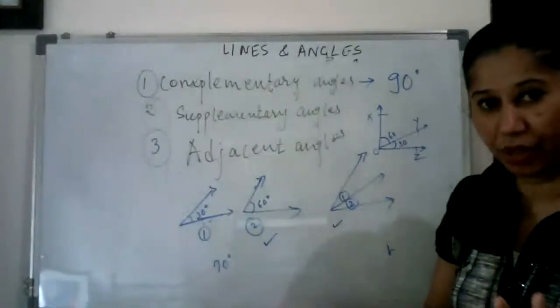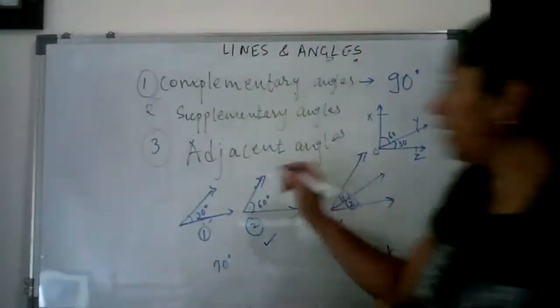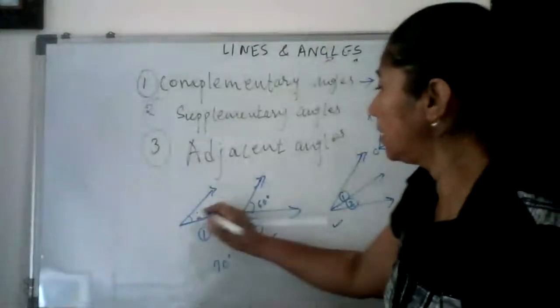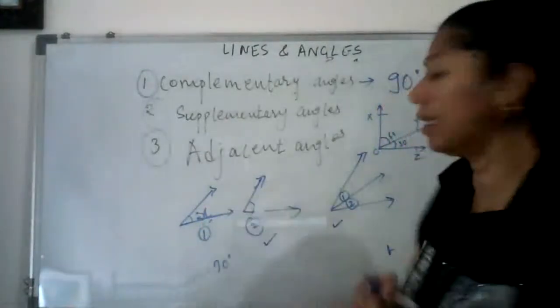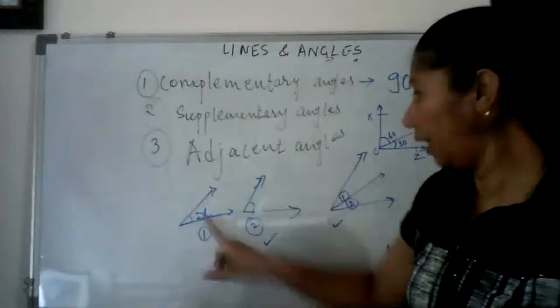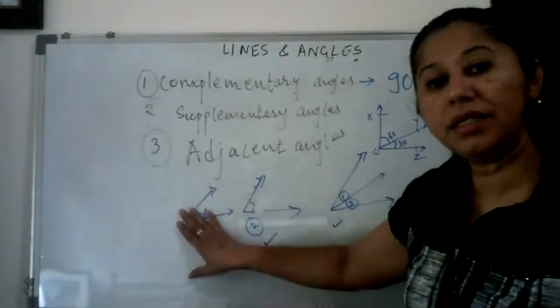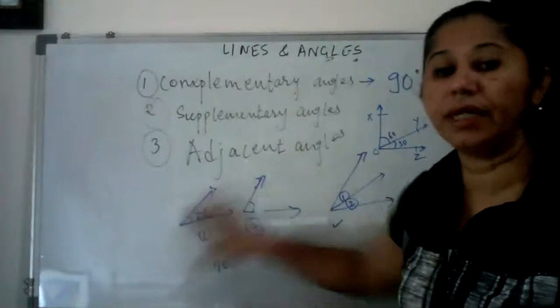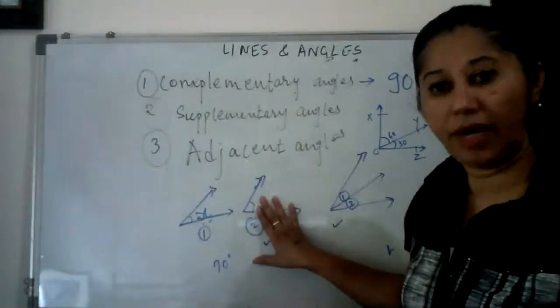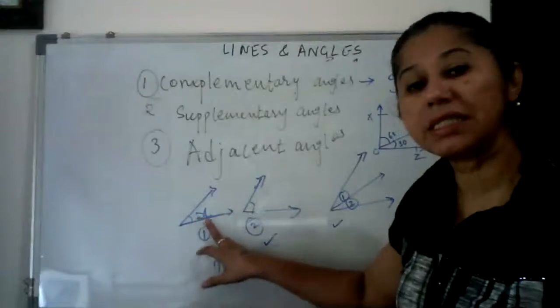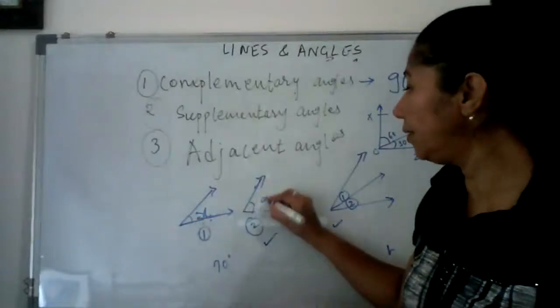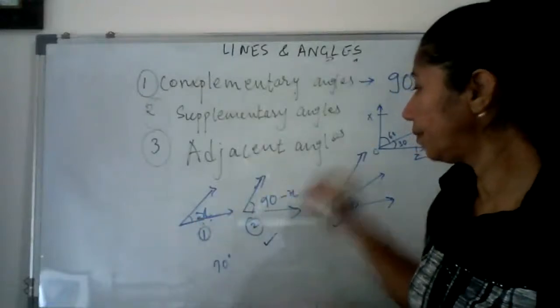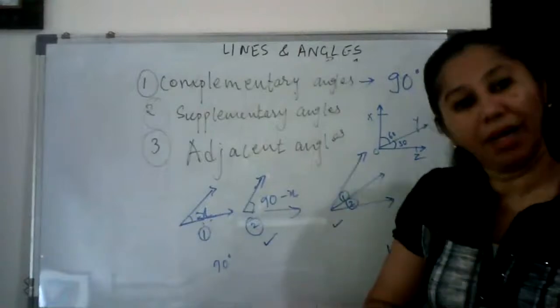Fine, simple concept. So if I say one angle is, say suppose x, तो आप इसको कितना कहोगे? Okay, one angle is x. ये 30 है तो ये 60 है, ये 40 है तो ये 50 है, ये 20 है तो ये 70 है. Right? Total has to be 90. So if I say this is x, how much would be this angle? 90 minus x.